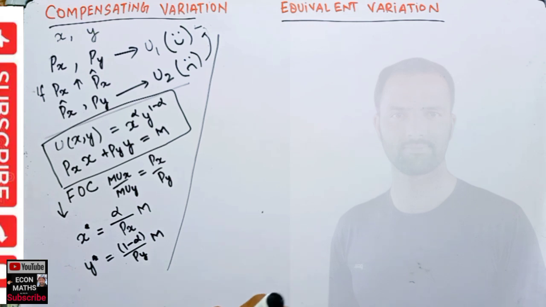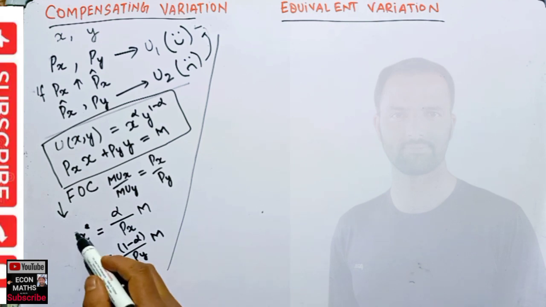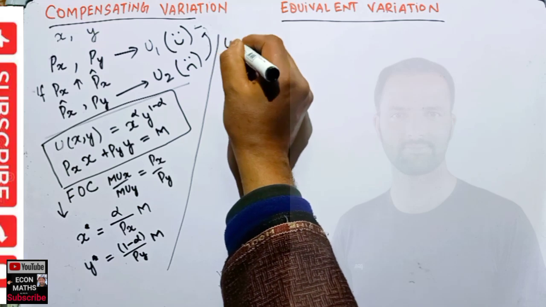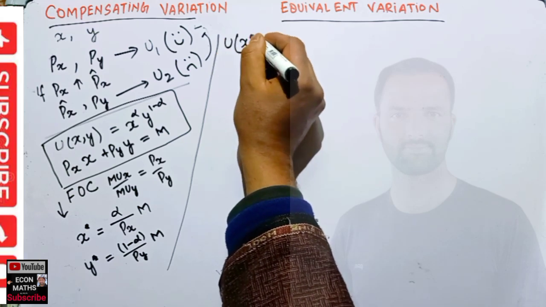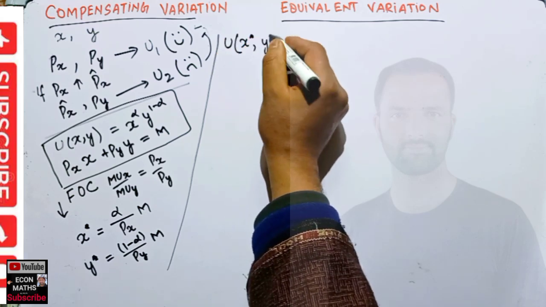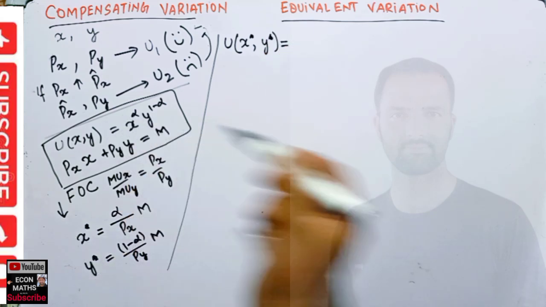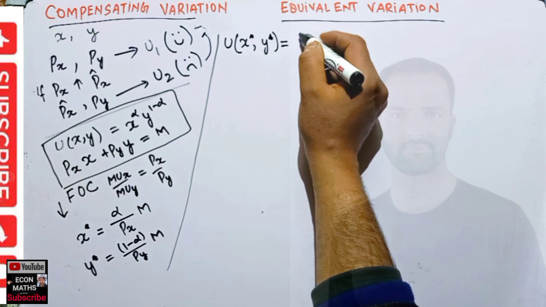After that, we just need to plug these optimal values into our utility function. So u(x star, y star) is equal to, let's take these two values in this function again. So what will we get here?